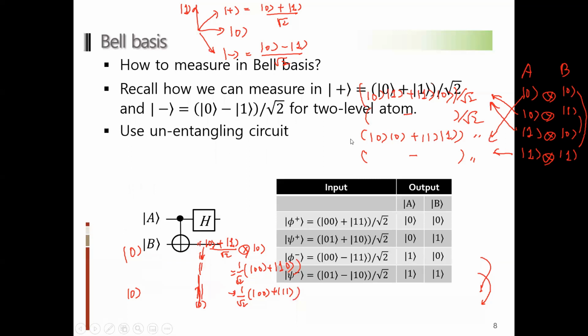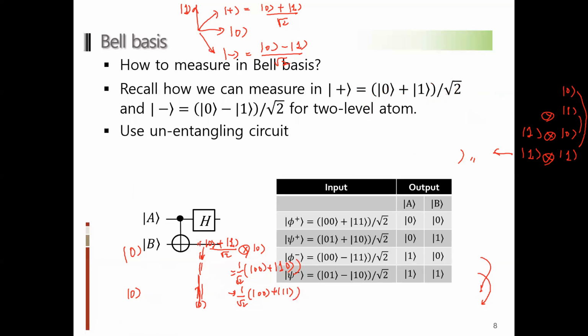So how can we measure in the Bell basis? Well, if you remember how we measured in the plus minus basis, what was the solution for measuring the two-level atom in the plus minus basis?